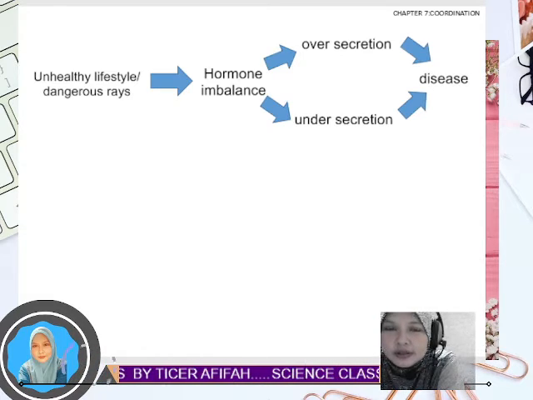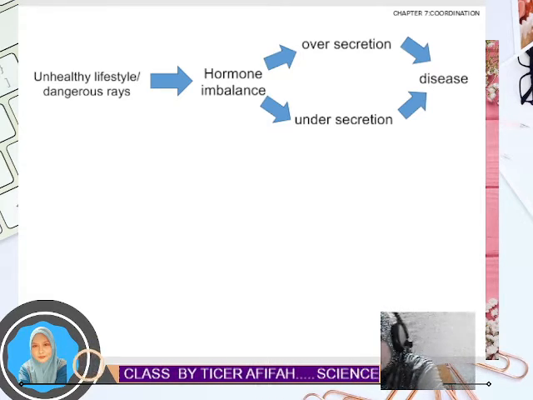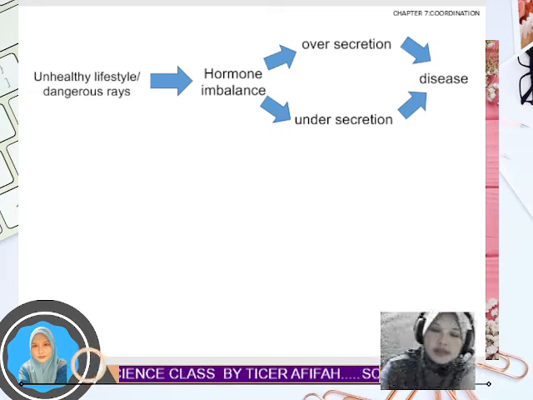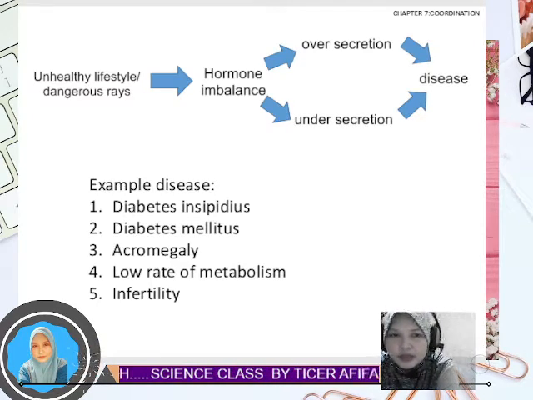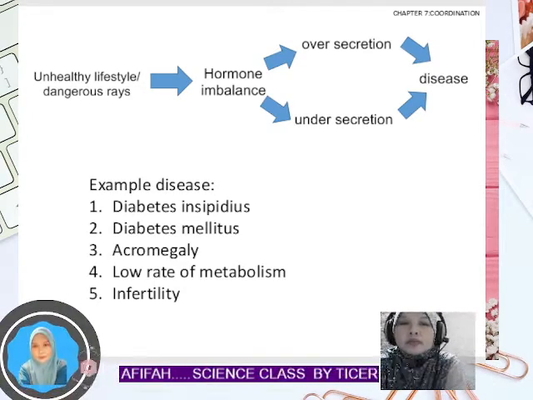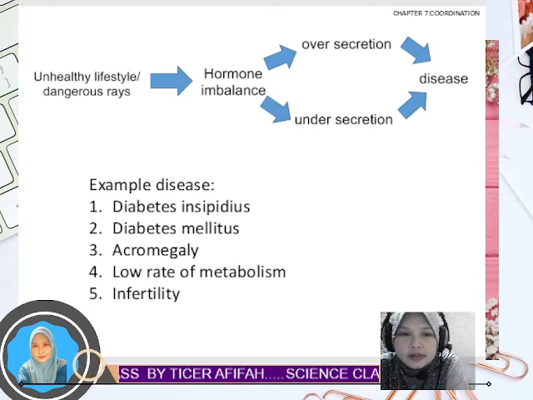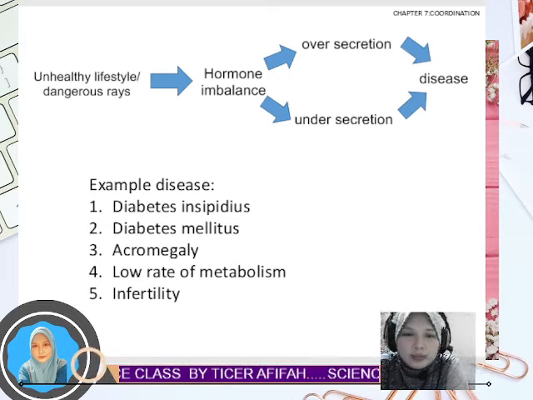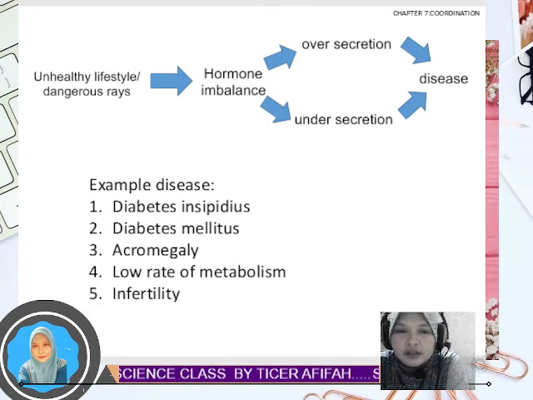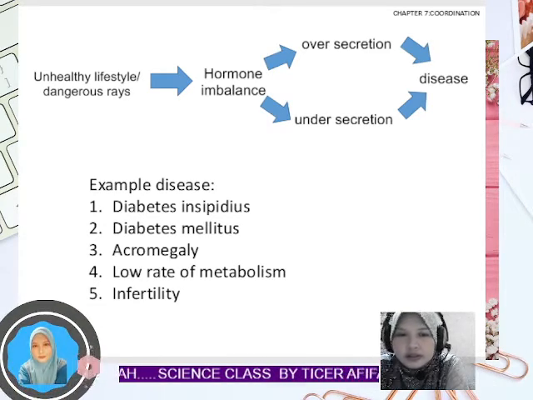Over-secretion or under-secretion of hormone will lead to certain diseases. Examples of diseases caused by hormonal imbalance are diabetes insipidus, diabetes mellitus, acromegaly, low rate of metabolism, and also infertility.